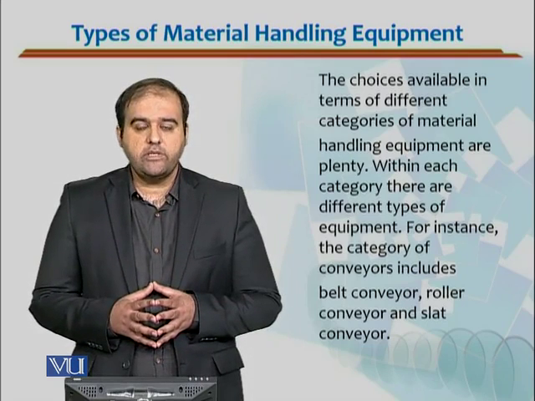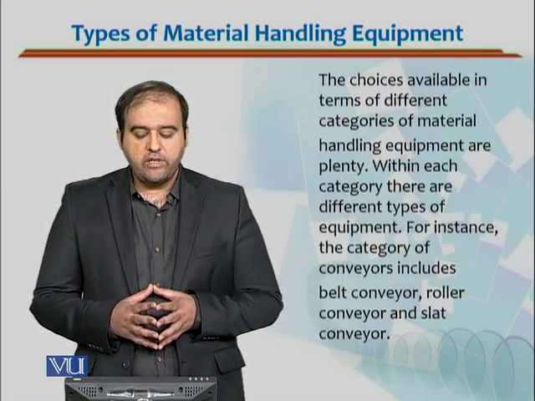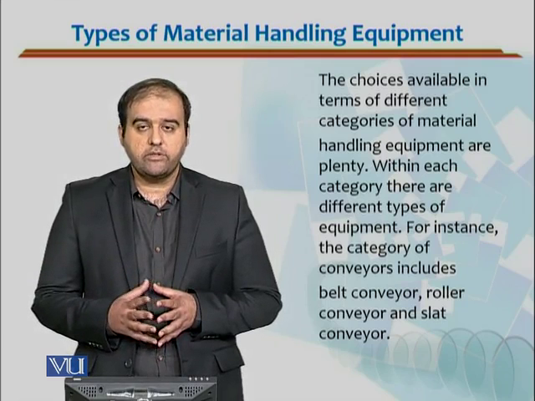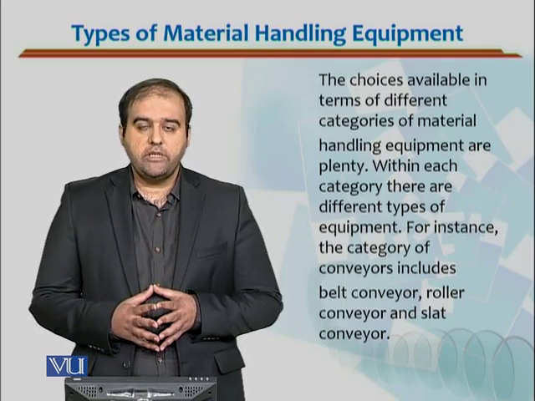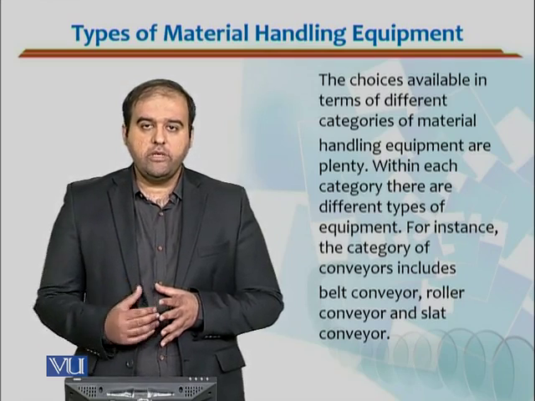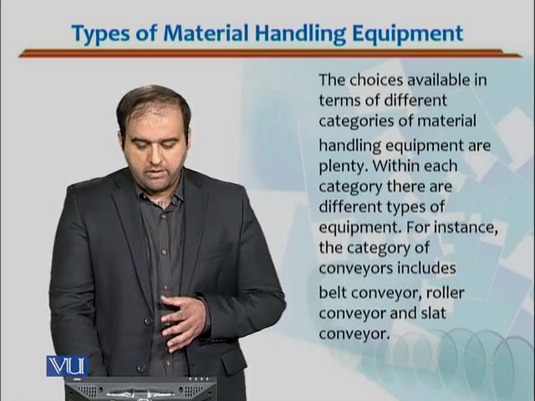Whereas in our country, in Pakistan, belt conveyors or roller conveyors are more common as compared to slat conveyors. The objective of using such material handling equipment is not only to minimize the cost, but to minimize the material handling time as well.